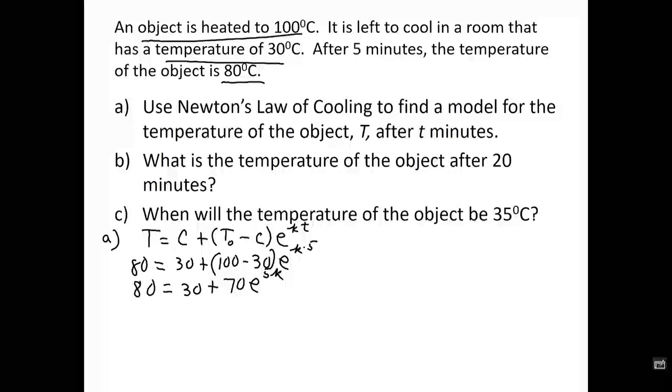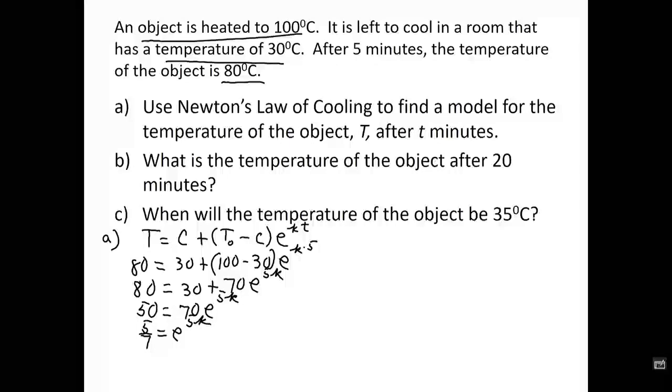If I subtract 30 from both sides, I get 50 is equal to 70 times e to the 5k. Simplifying 50 divided by 70, that's 5 over 7, is equal to e to the 5k.